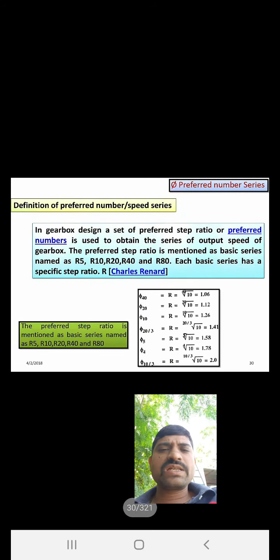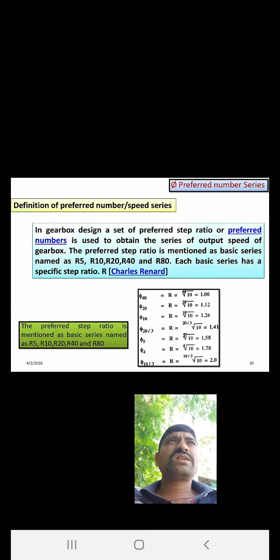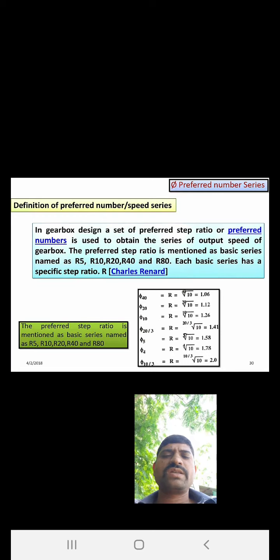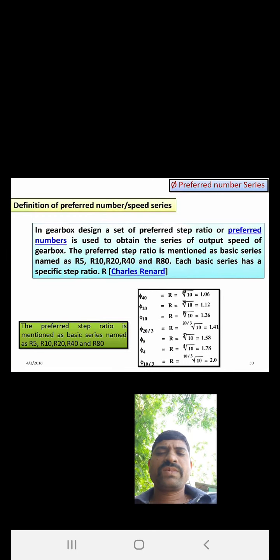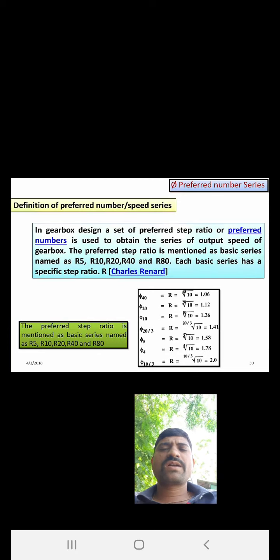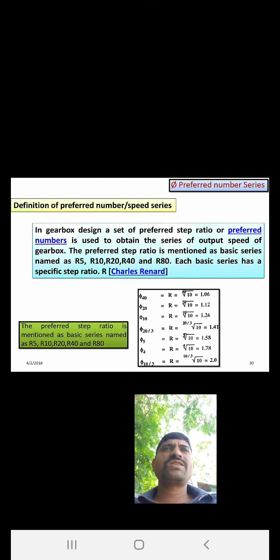There is one series given. Sometimes in the examination you will get the R series. These series are prepared when you design the gearbox. In gearbox design, a set of preferred step ratios or preferred numbers is used to obtain the series of output speeds of the gearbox.